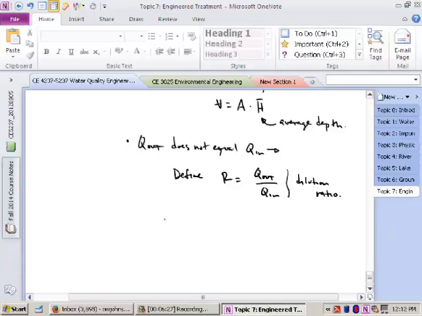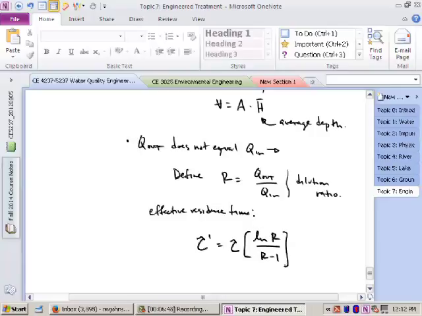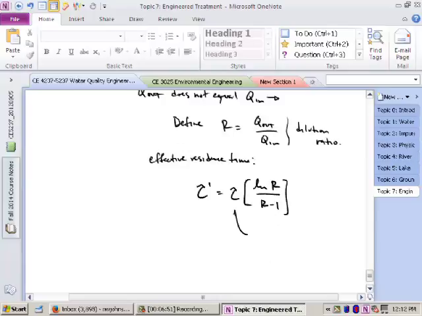And then the effective residence time can be approximated as tau star is equal to tau times ln R over R minus 1, where in this case tau is the residence time based on the inflow rate.